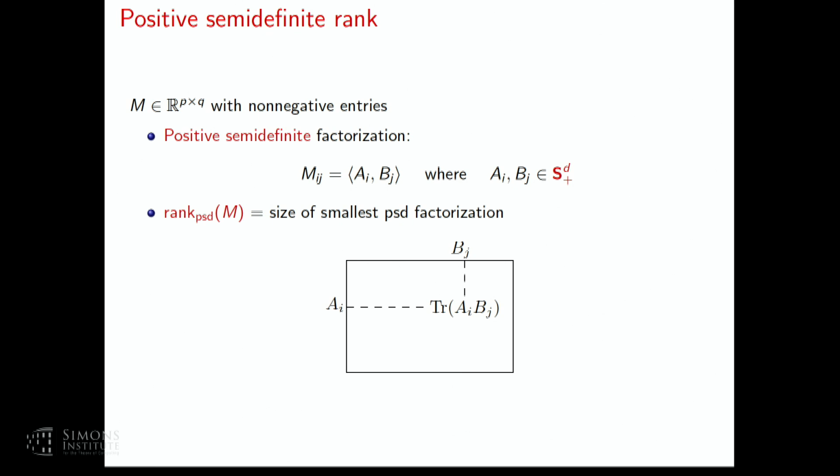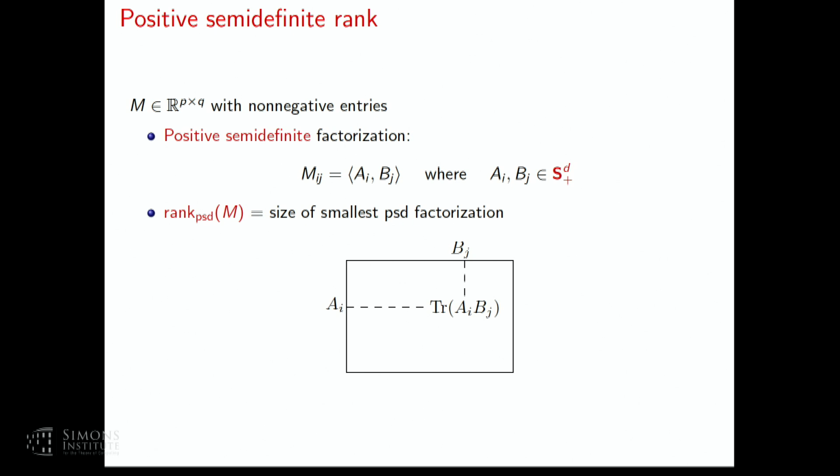That's the trace inner product. The trace inner product of two positive semi-definite matrices is always non-negative, and so that's why M has to be non-negative. The smallest d is called the PSD rank of my matrix.